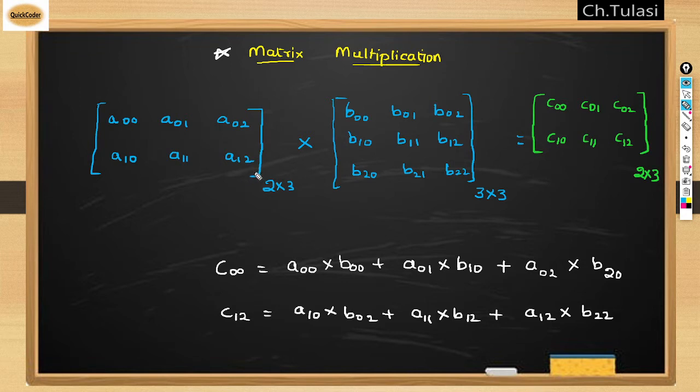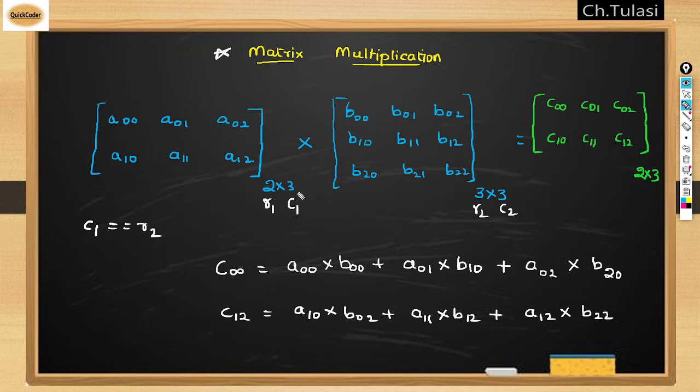Matrix multiplication has some conditions. The number of columns of the first matrix should be equal to the number of rows of the second matrix. Let's say this is row 1 and column 1, and row 2 and column 2. Here C1 should be equal to R2.